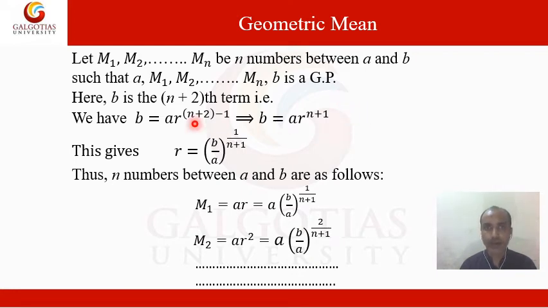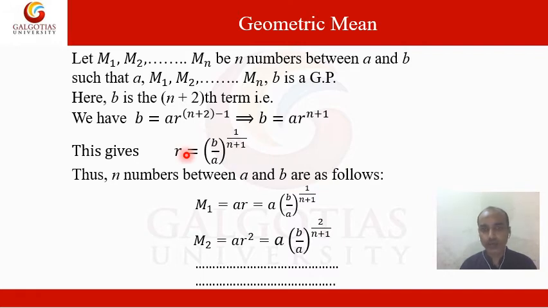Applying this result, we get b equal to a into r to the power n plus 2 minus 1, and this implies b equal to a into r to the power n plus 1. Now find the value of r, which is the common ratio of this GP. So we get r equal to (b by a) raised to the power 1 upon n plus 1.